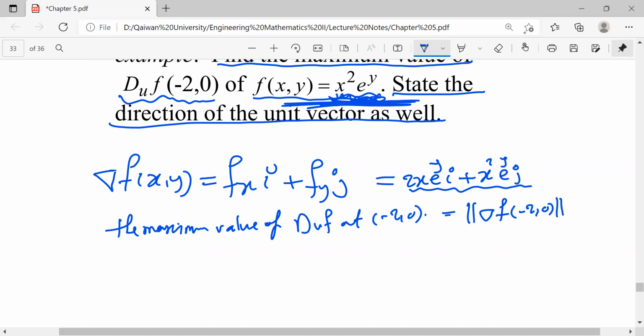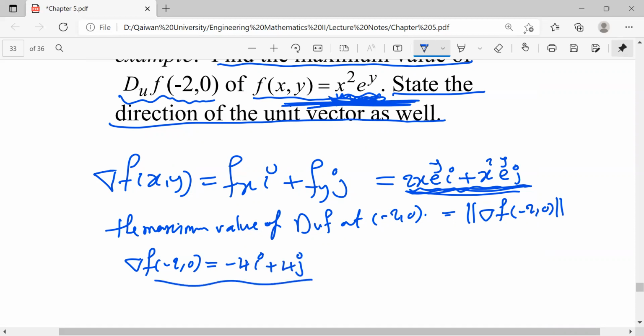Here we already found grad f. We must find grad f at -2 and 0. We replace each x by -2 and y by 0, and you get -4i plus 4j. This is the gradient vector at the point -2 and 0.